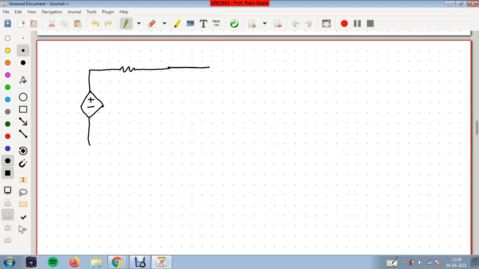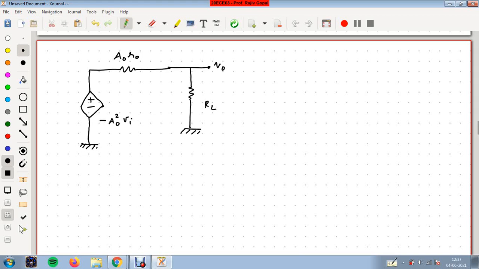This is V0. This is RL. Okay, RL. This is ground. Okay, this I will write as minus A naught square times Vi, and the output resistance is A naught times R naught.